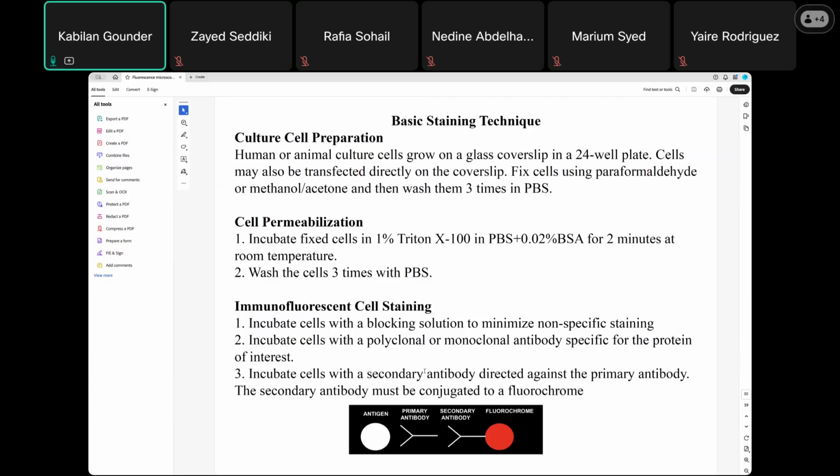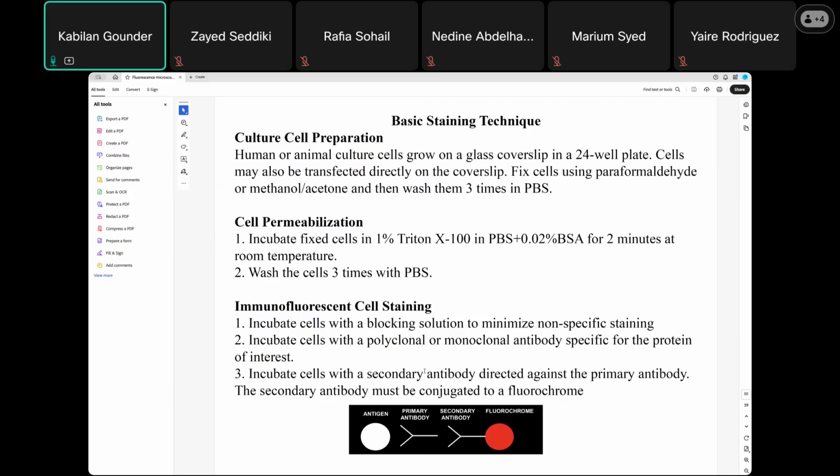if you really wanted to do any in vitro studies, for example, we grow the cells, either human cell line or animal cell line. We grow that on the cover slip. So that's one of the simple methods we can use.